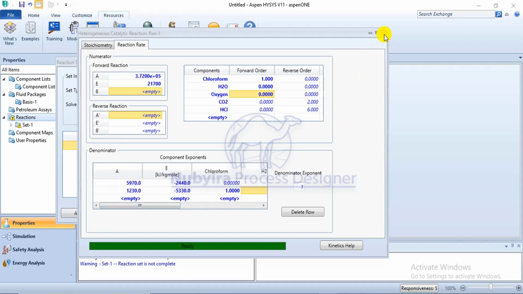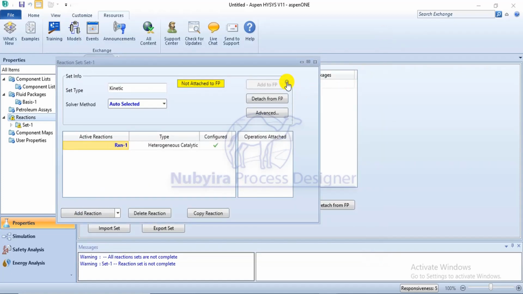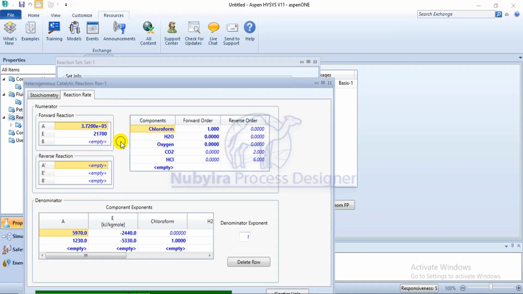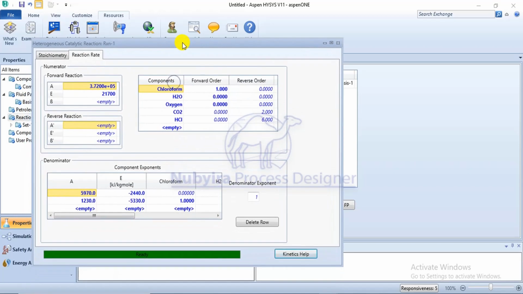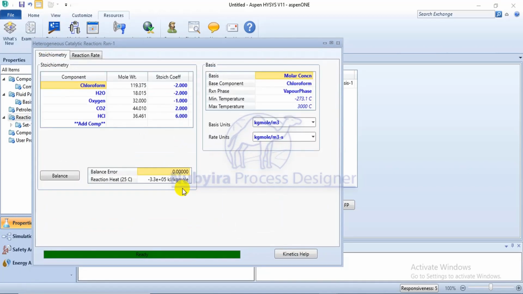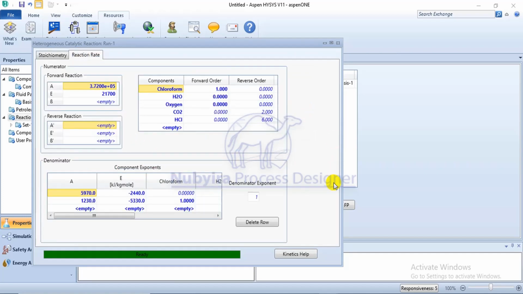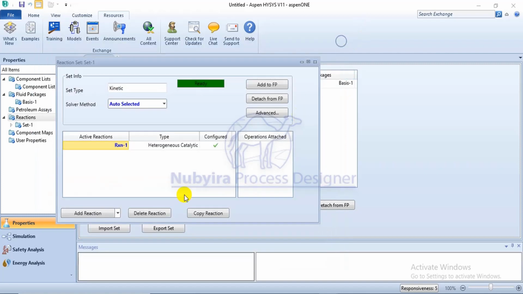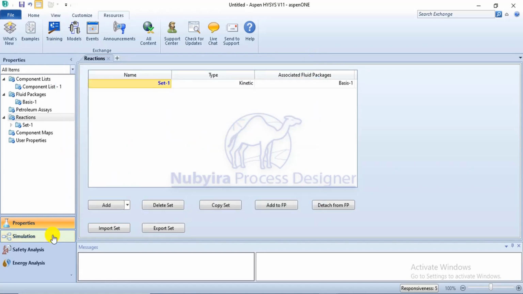So you exit this, and then you attach to fluid package like you would always do. Hysys then calculates the rate of reaction only after you have attached the fluid package. So we are good to go now. Now we can go to the simulation environment because everything is fully specified.